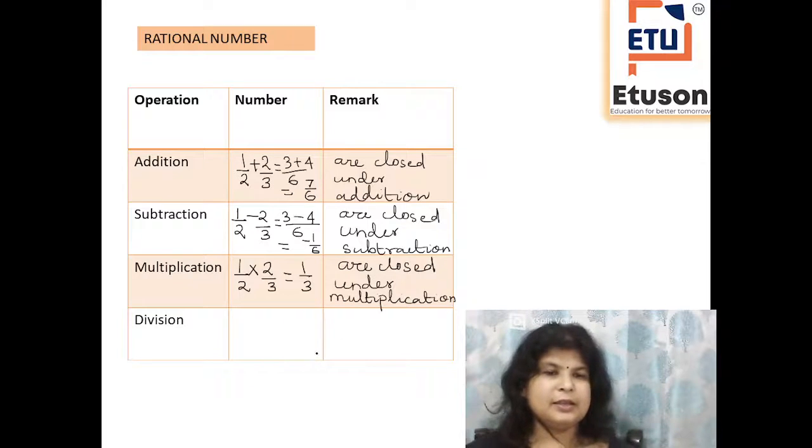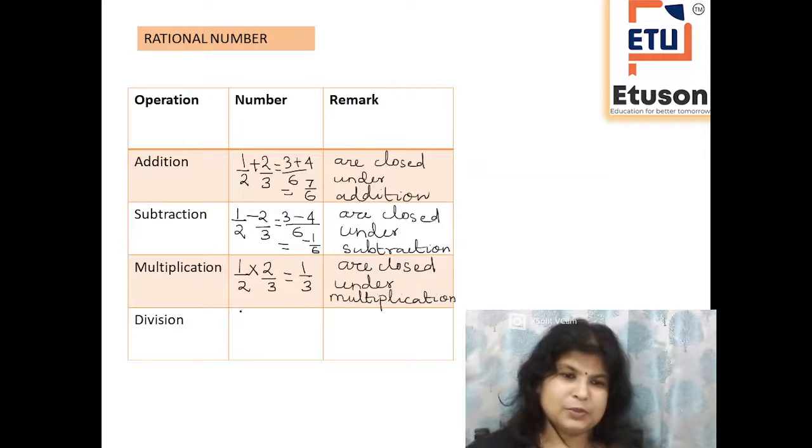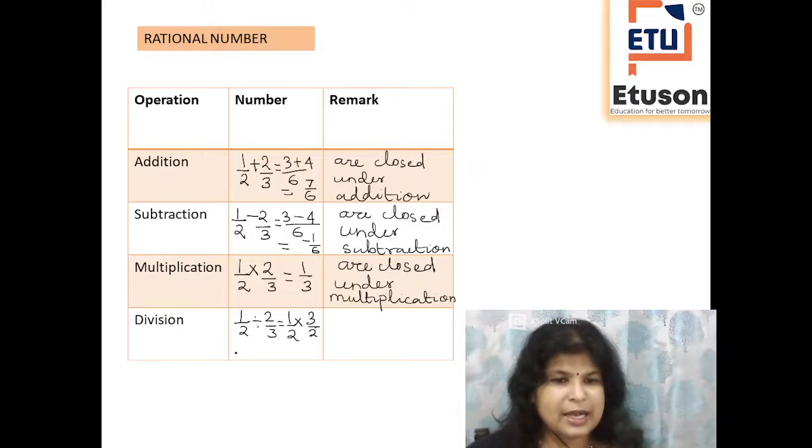Okay. Now consider division. Suppose I take these two numbers first. Half divided by 2 by 3. So in this case, half into 3 by 2. The answer becomes 3 by 4. It's a rational number, no doubt.